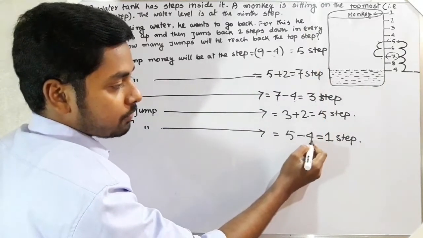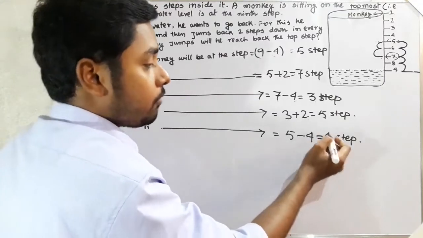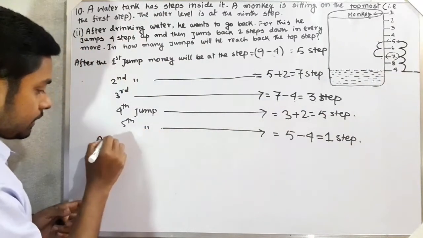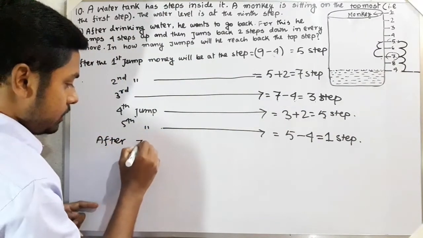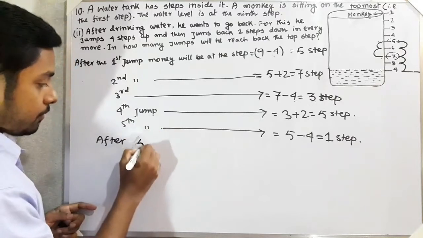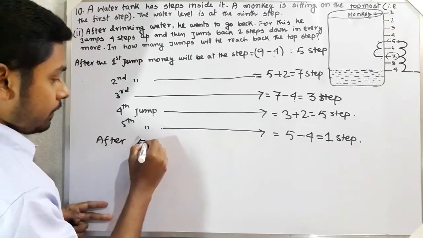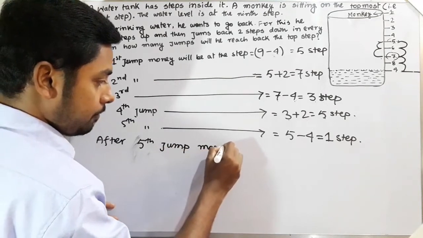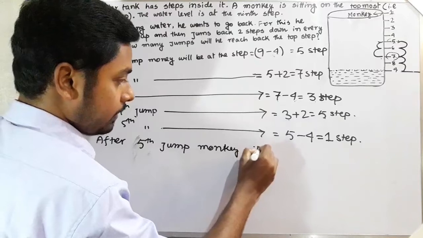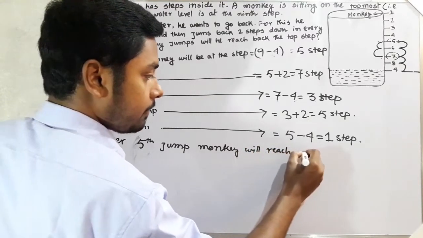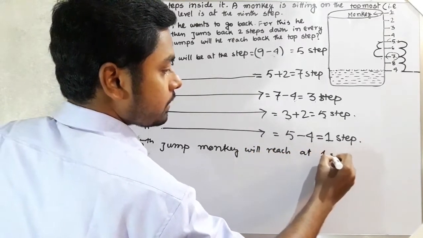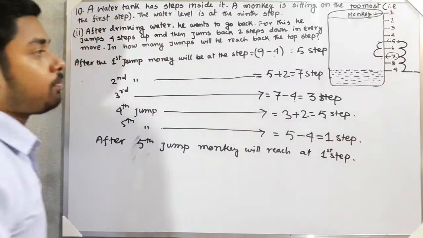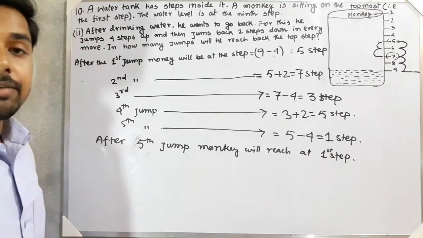So 5 minus 4, that is the first step. So after the 5th jump, the monkey will reach the first step. Is that clear? That means the topmost step. Okay, so pause the video to note it down.